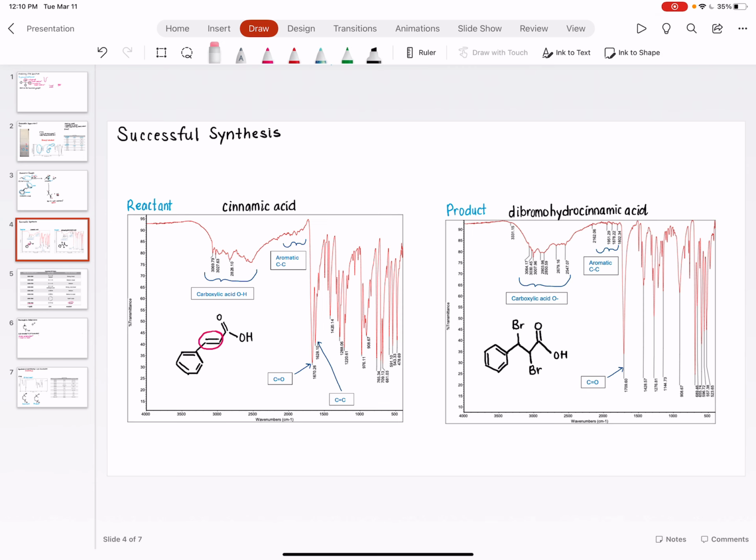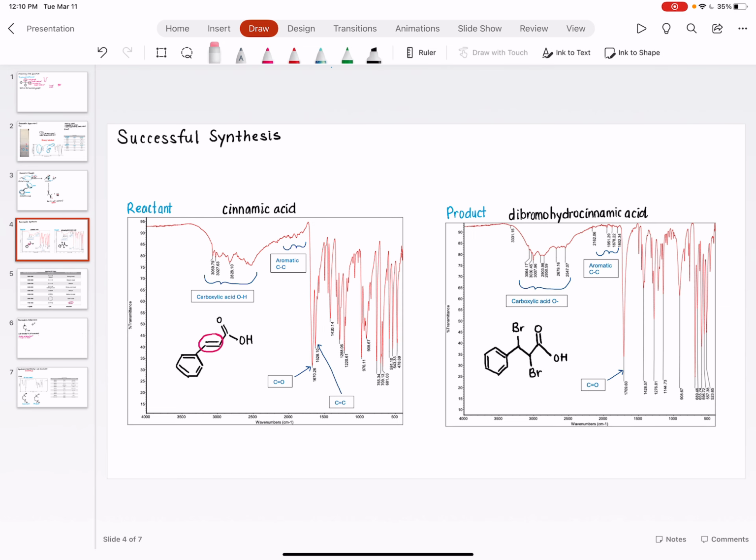So let's flip back over and we look about 1600. And it is difficult to see because it's pushed up against that CO double bond, but we have a peak right in here that represents that carbon-carbon double bond, our alkene. So that's important to be able to recognize in the reactant.